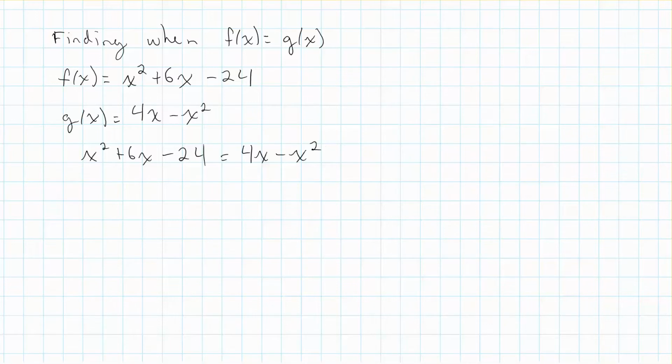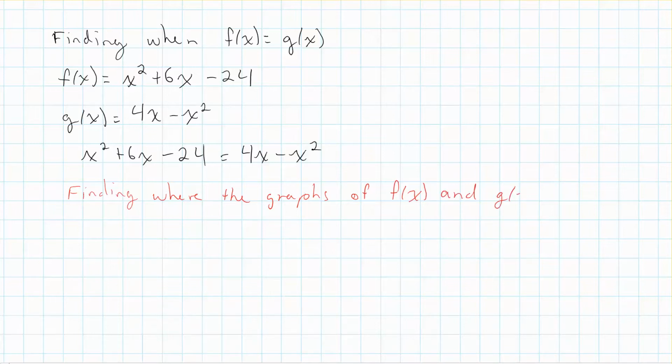Now, as far as interpretation of this on the graph, what we're actually finding is where the graphs of f at x and g at x intersect.